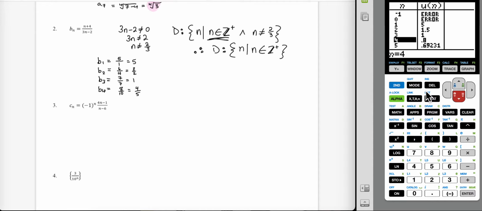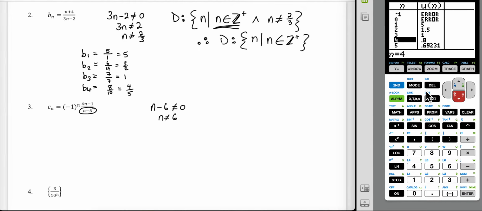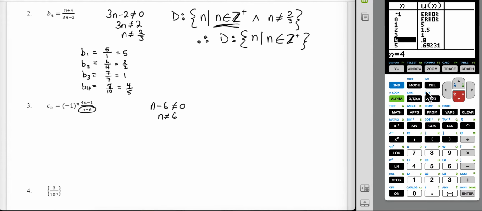Now, number 3, it looks like we have a little issue here. We don't want n minus 6 to be equal to 0. So n can't be equal to 6, so our domain has to exclude that.